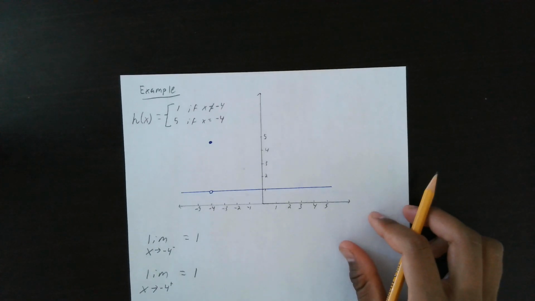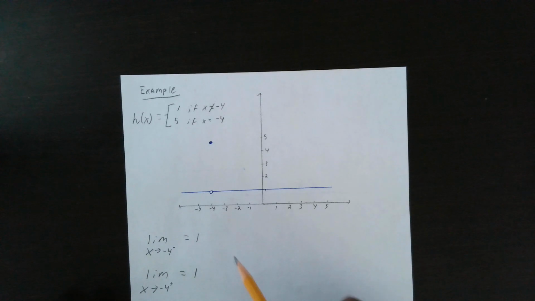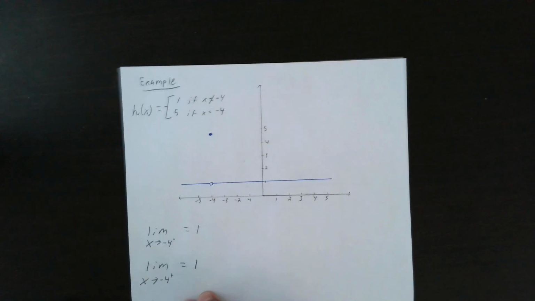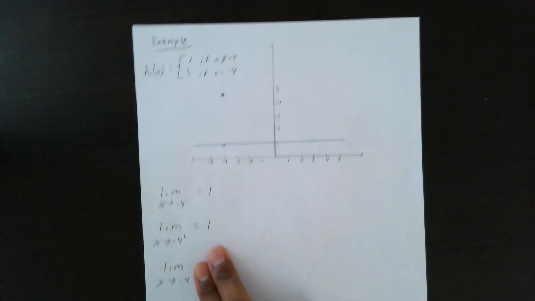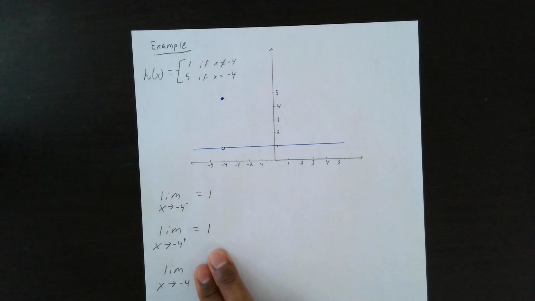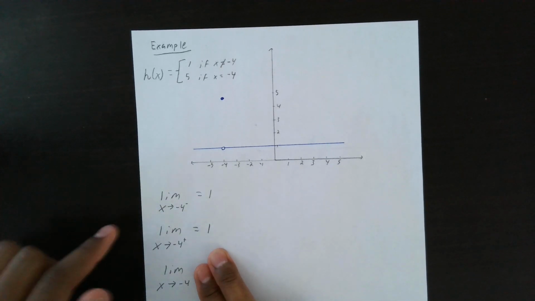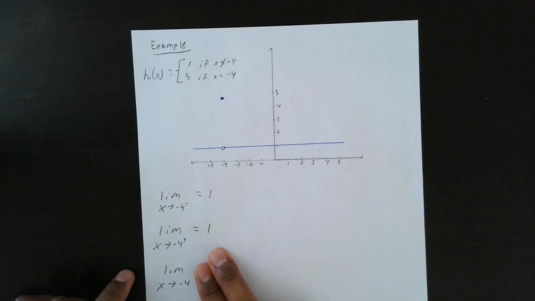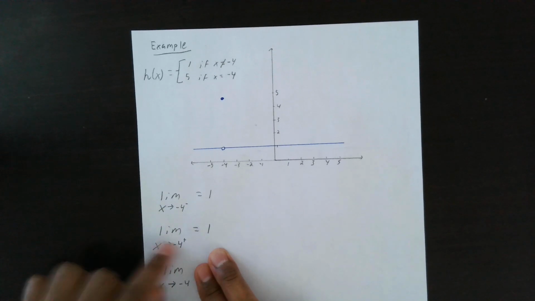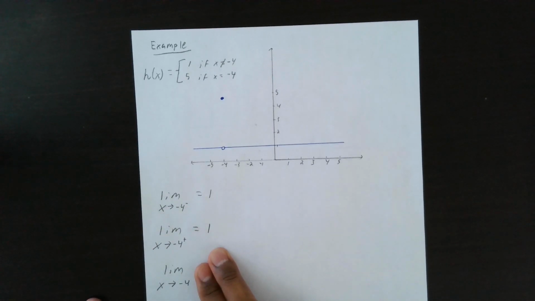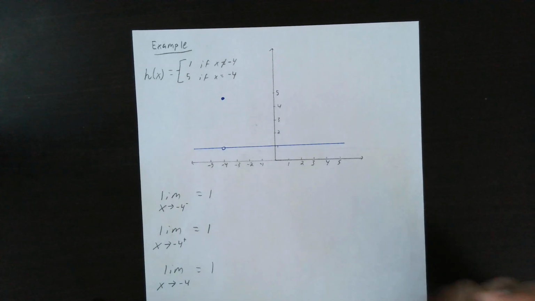So what is the limit as x approaches -4? If the limit from the left side is 1, and the limit from the right side is also 1, then since the two limits are equal, the limit as x approaches -4 is 1.